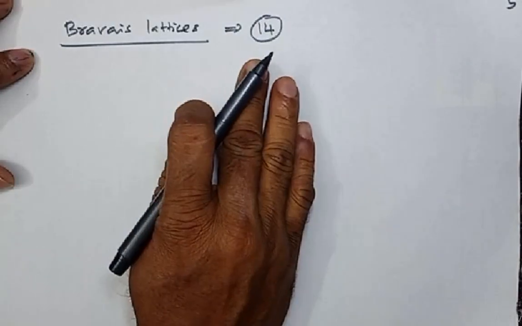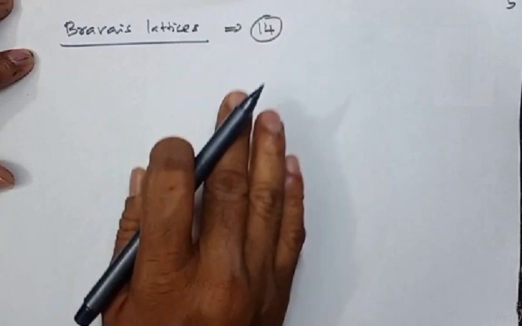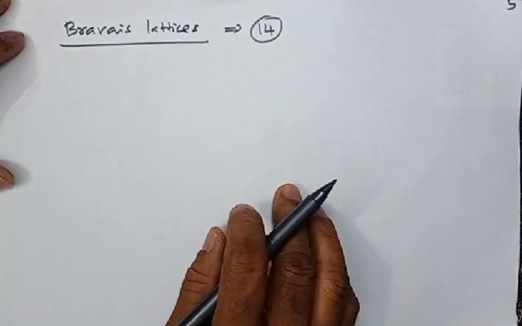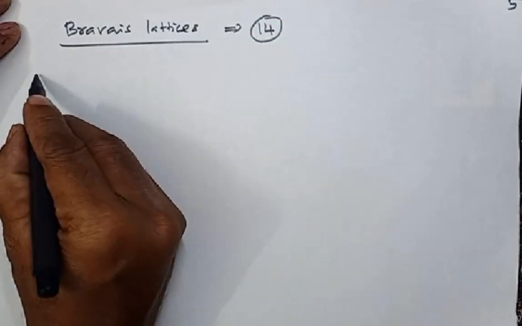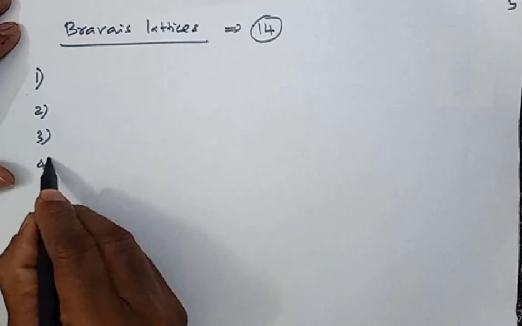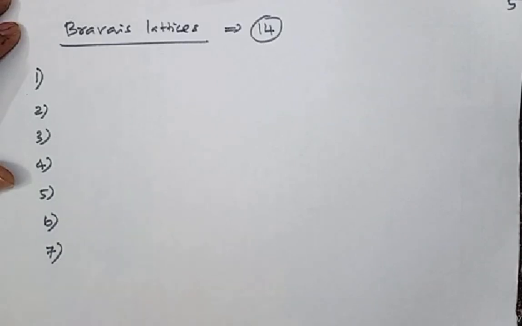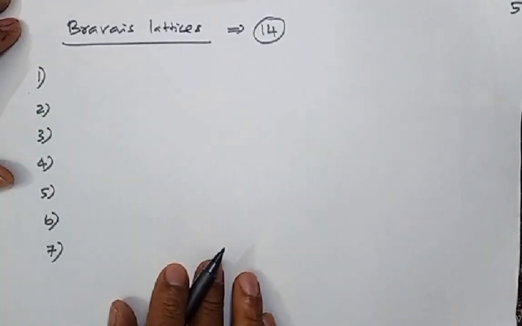These crystals are called Bravais lattices. What are the 14 different types? First, I'll write the 7 crystal systems.